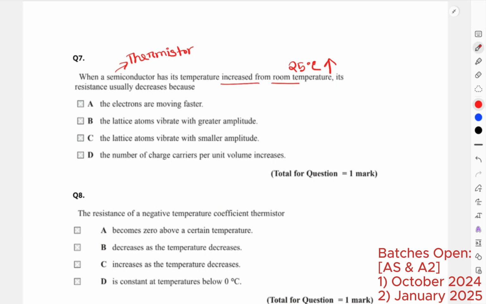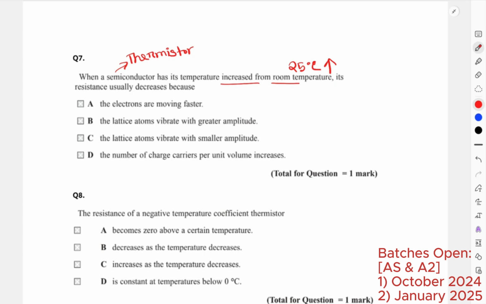So for negative temperature coefficient conductors, what happens initially at room temperature, but at a lower temperature, right? Their number of charge carriers per unit volume is very low, but as temperature increases, their resistance decreases because their number of charge carriers per unit volume increases.